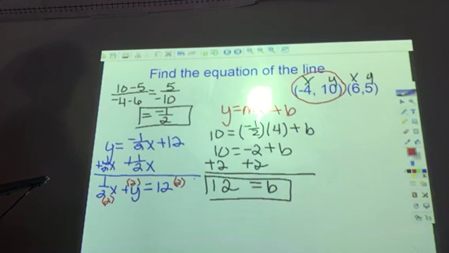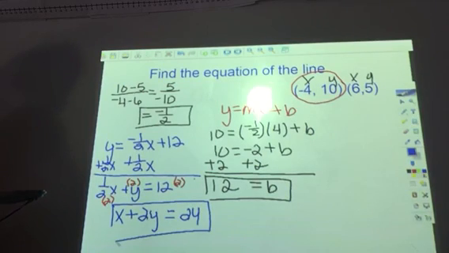Then I will get my final answer. Okay, so now 2 times 1/2 is just x, 2 times y is 2y, and 2 times 12 is 24. Now I have the equation of the line in standard form and in slope-intercept form, whichever one my answer requires me to do, and there are no fractions in standard form.